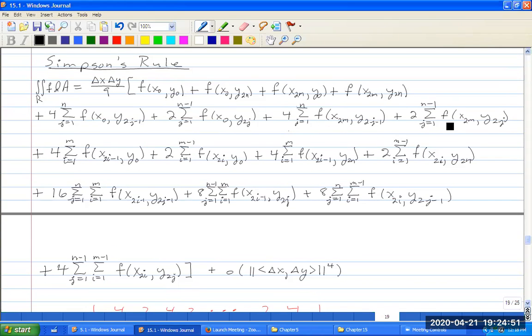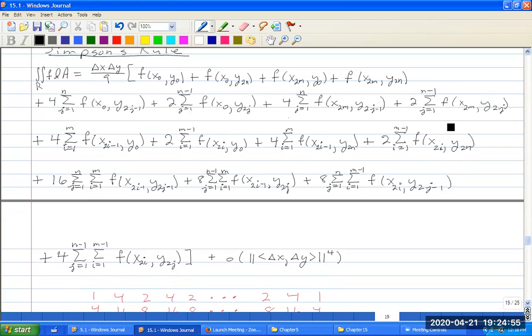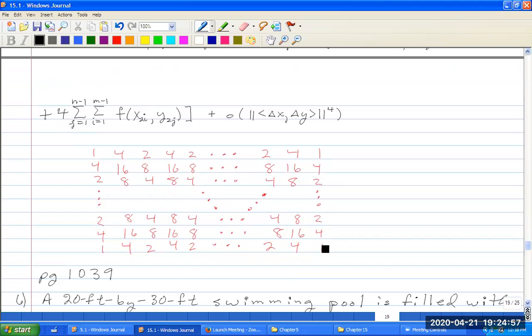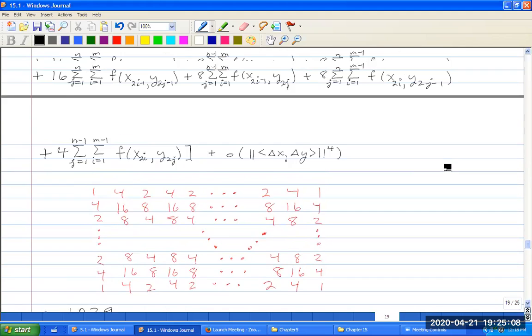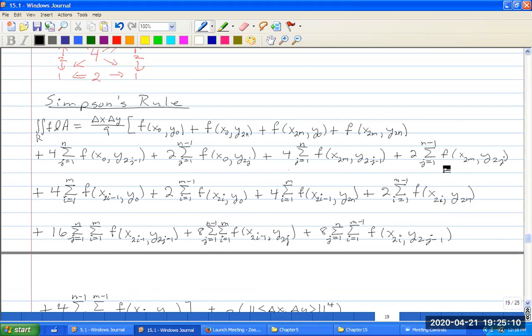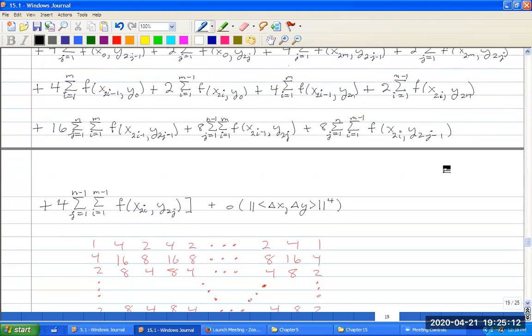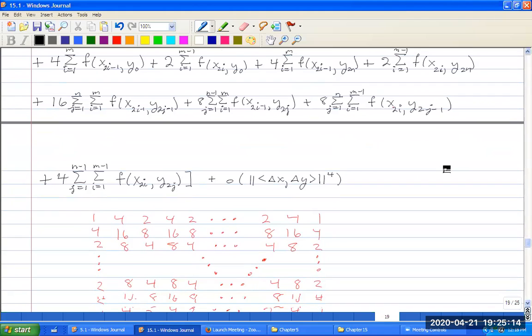This says 2m. That says that on this side, we also alternate, just like what we did: 1, 4, 2, 4, 2, 4, 2, and then eventually a 1. So that's what this guy says. This one is the 0.